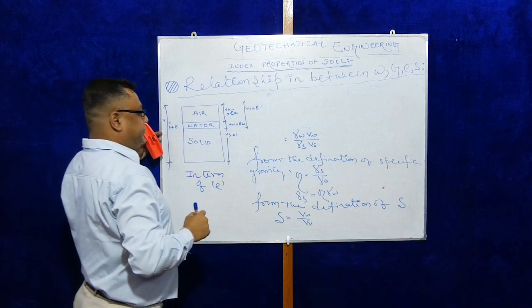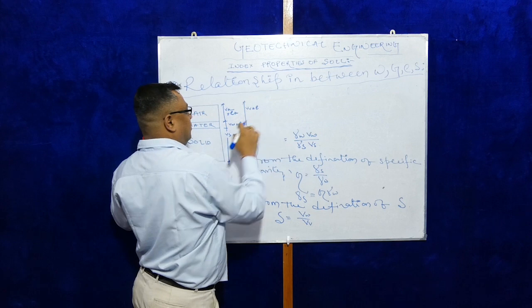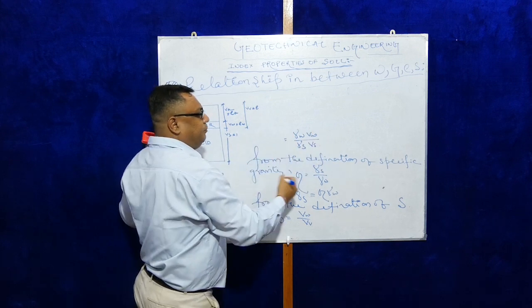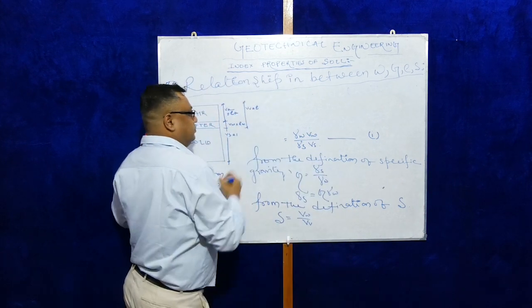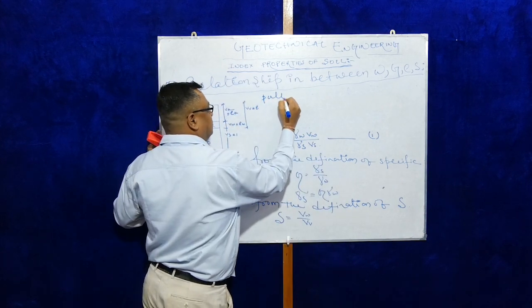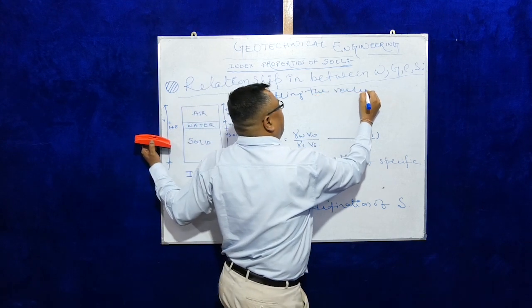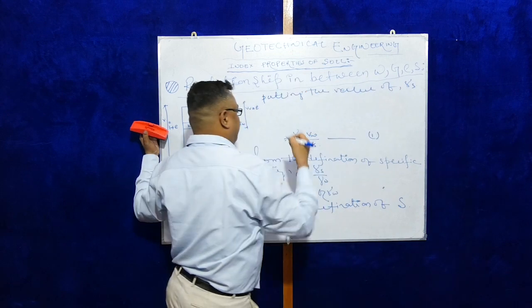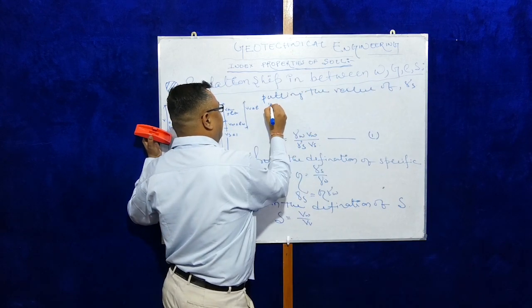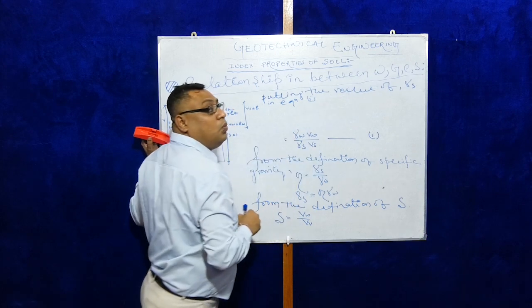Now, after this equation, this is equation 1. Putting the value of gamma S in equation number 1.